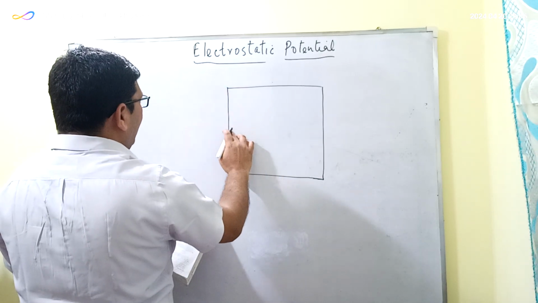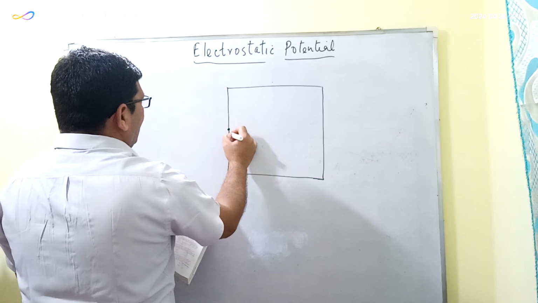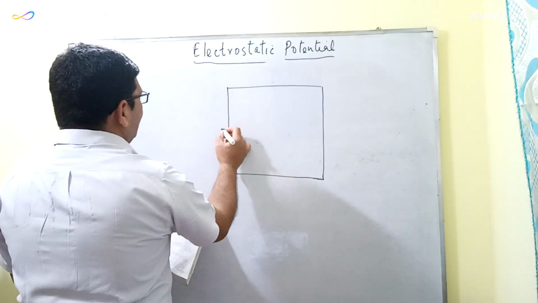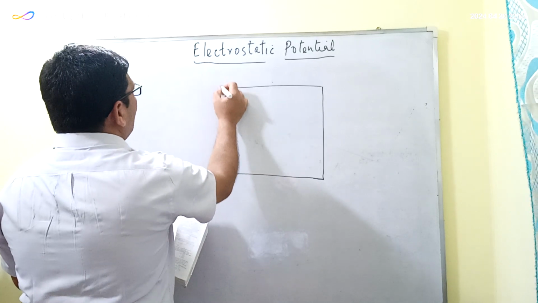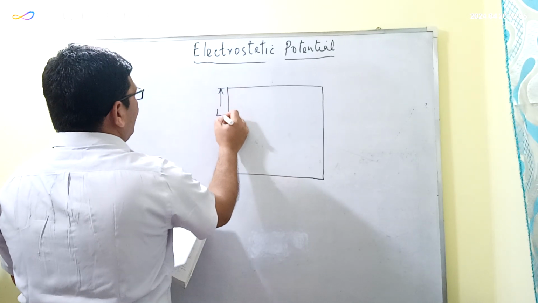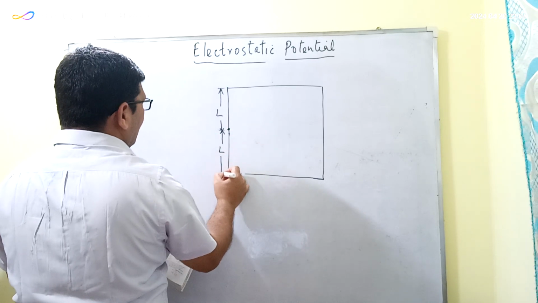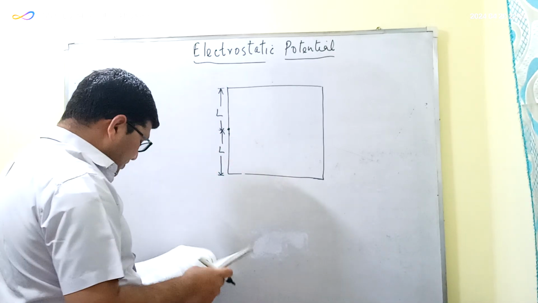We can say this is the midpoint of this side, and this distance is L. This distance is L, and this is a square.